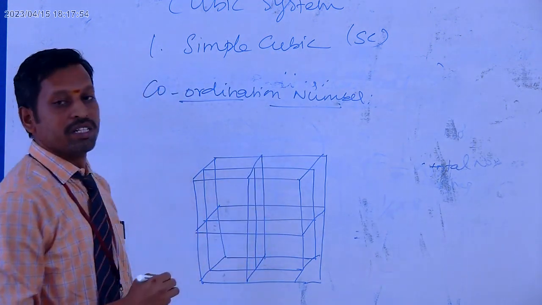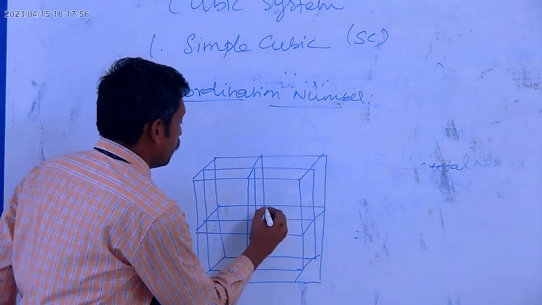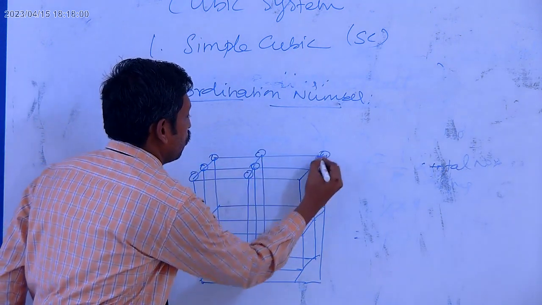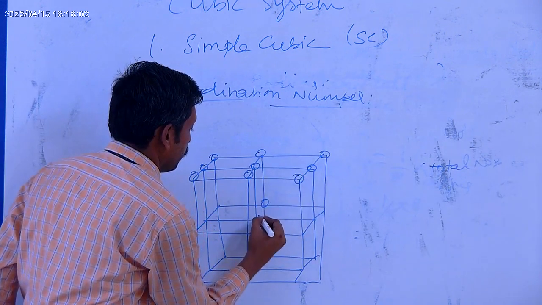This is the three-dimensional structure for simple cubic. So these are the atoms present here.